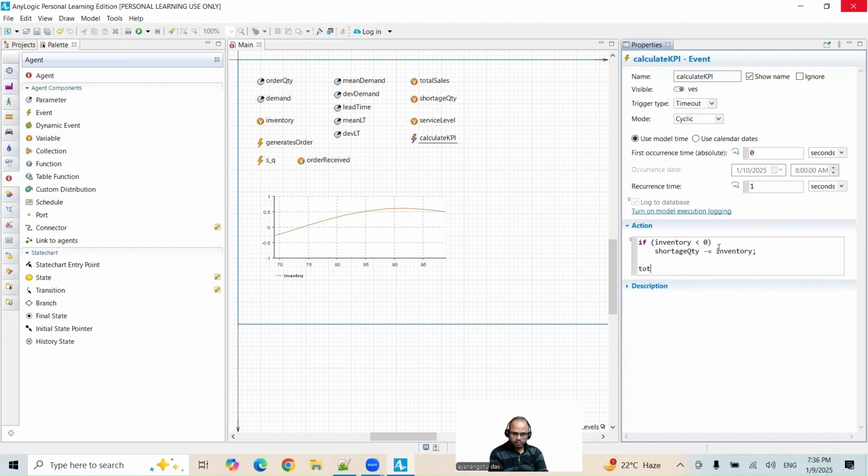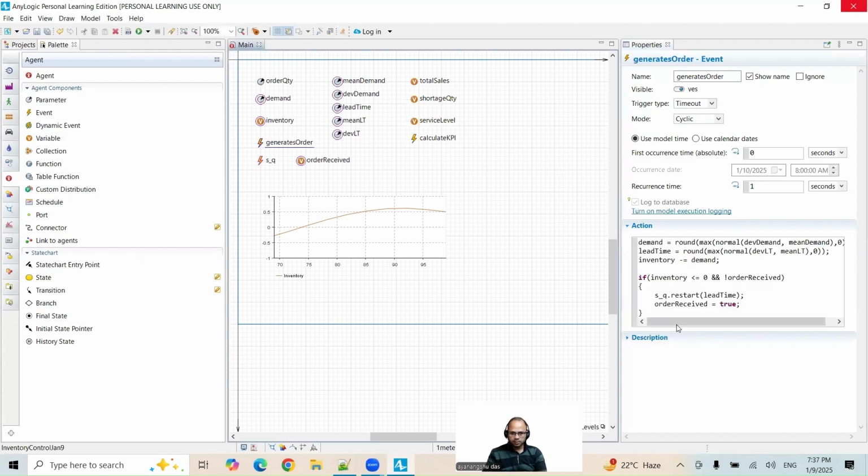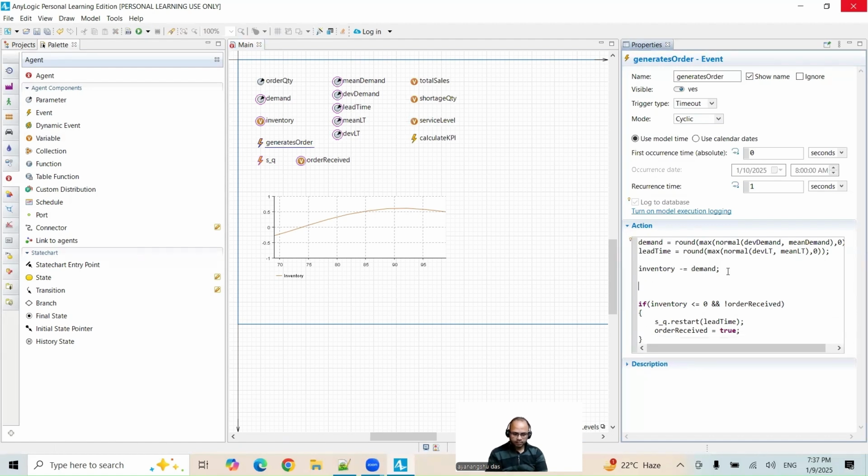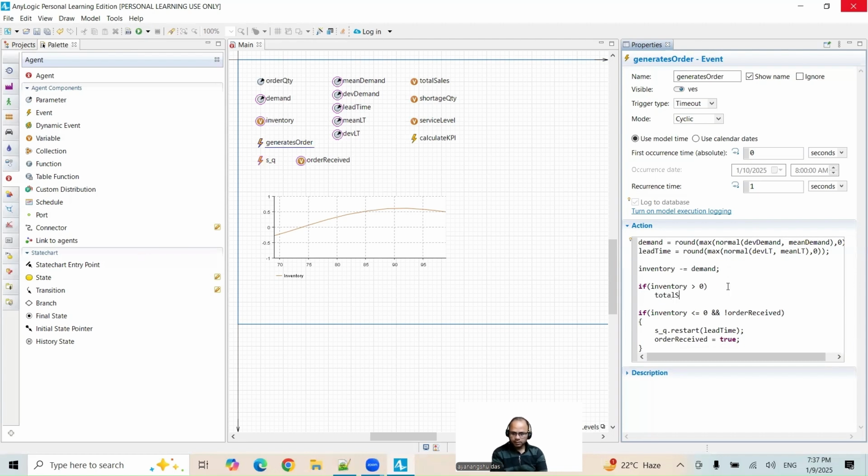Then the total sales, or maybe we can declare the total sales in this particular event only. If inventory is greater than 0, that means we are able to satisfy the demand, so the total sales is incremented by the demand.